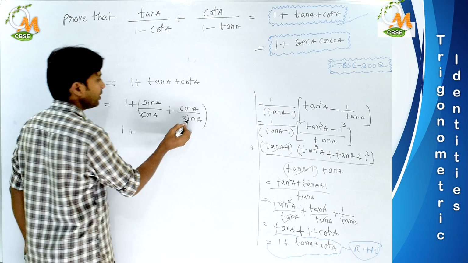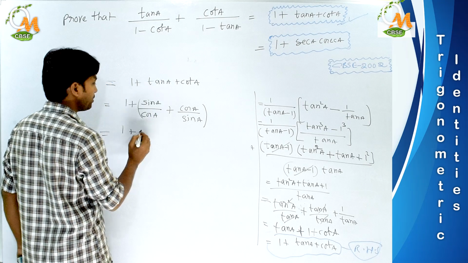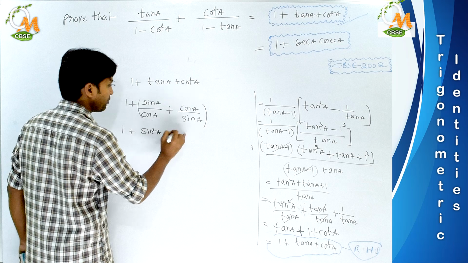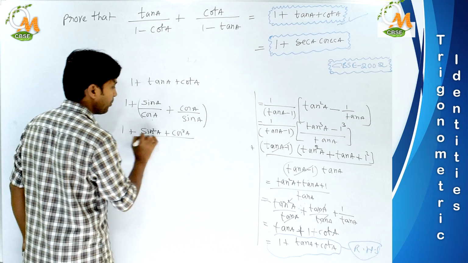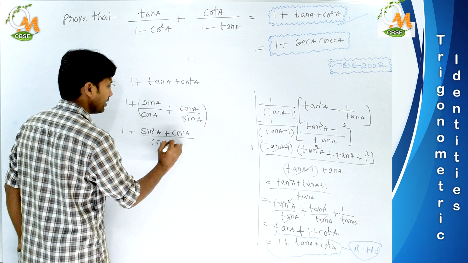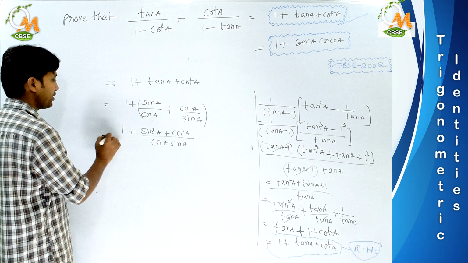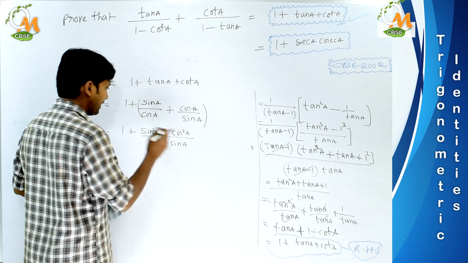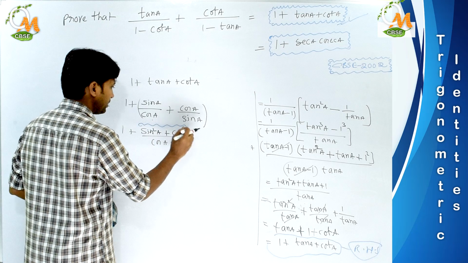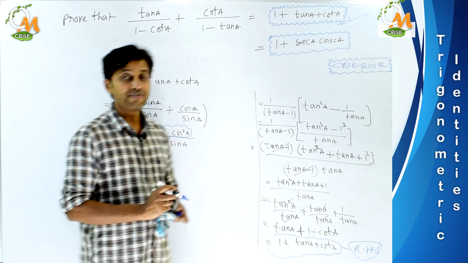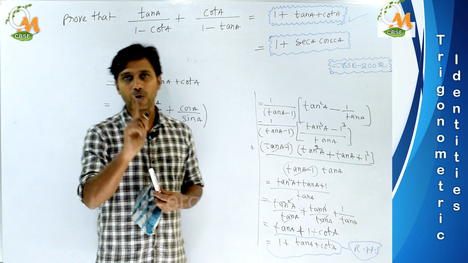Understood? Now taking the LCM of these two, sin A into sin A would be sin square A, cos A into cos A would be cos square A, upon cos A sin A. Now just observe. Again we obtained the first trigonometric identity, sin square A plus cos square A, the value of which is 1.